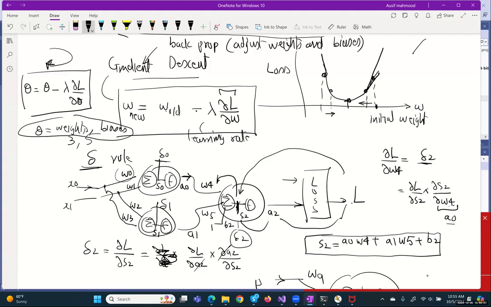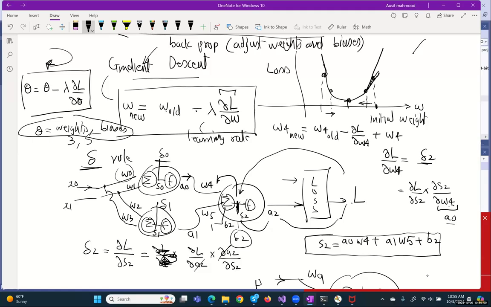As we are going into the loop, how will W4 be updated? W4 equal to W4 old minus lambda partial L over partial W4. Now let me add the regularization to it. Then what will happen? Plus W4.